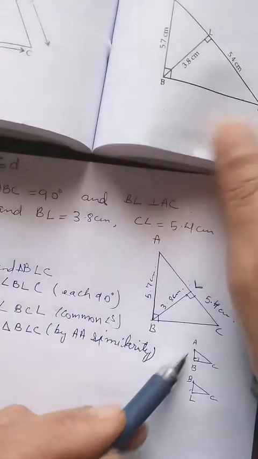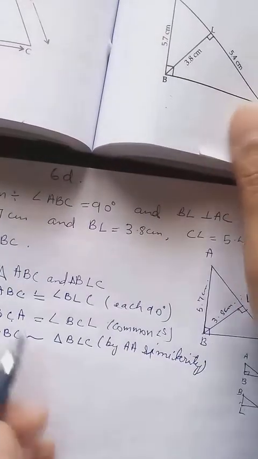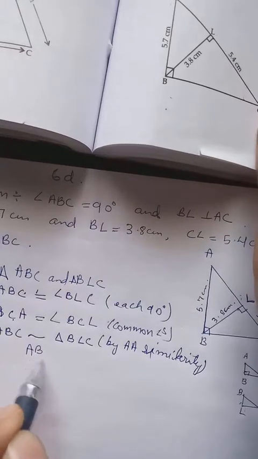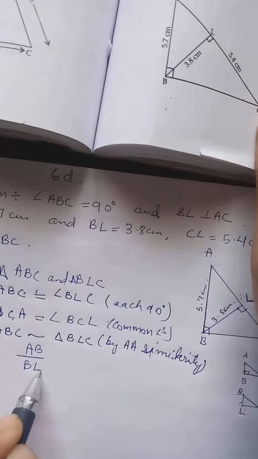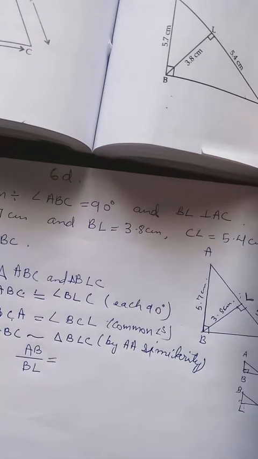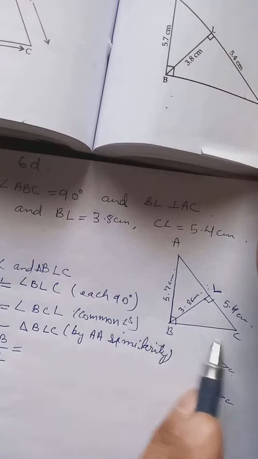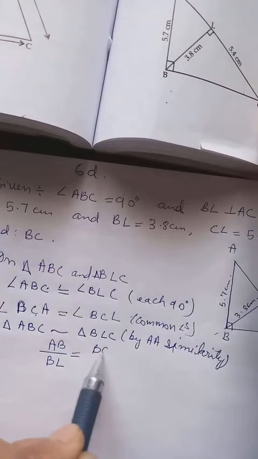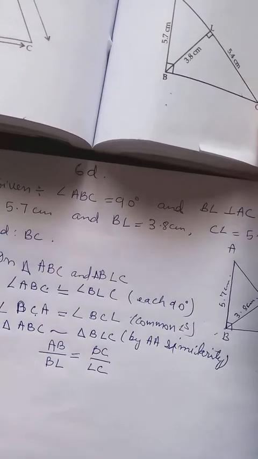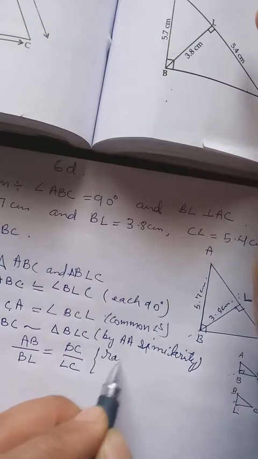Here we have AB, so if we take AB, we have to take here BL, then BC we want to find, then LC, which we have the value. The ratio of the corresponding sides of similar triangles are equal. That is the reason.